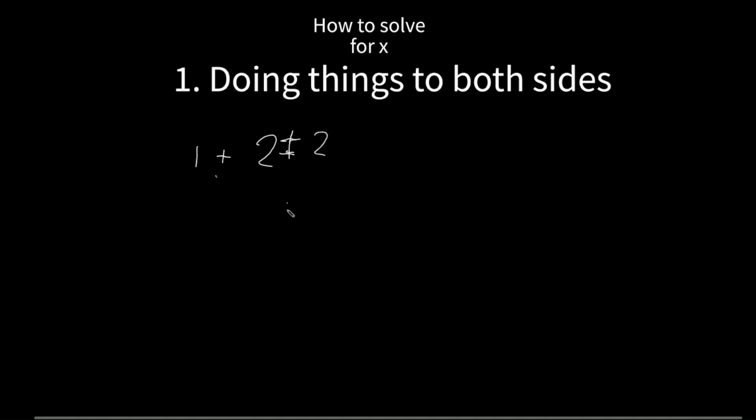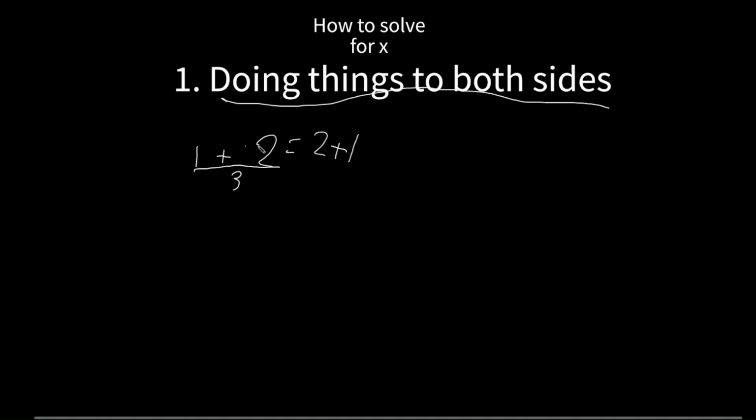Well, to do that, we are going to introduce the idea of doing things to both sides. So if we have 1 plus 2 is equal to 2, well, we can just add 1 to this side, and we see that they are equal. If we have 1 plus 2, that's going to be equal to 2 plus 1. And what if we divide both sides by 3?